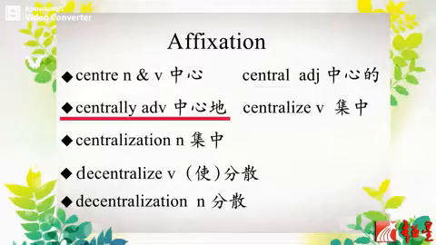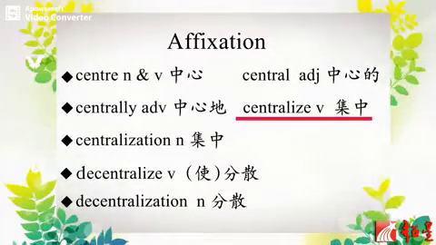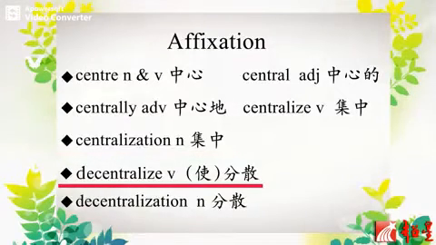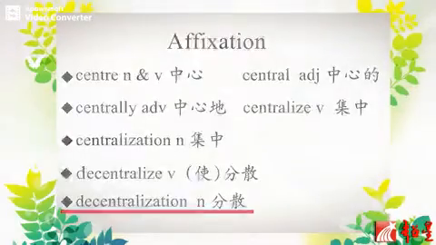When you add ly, you make an adverb, a new word. When you add ize, you make a verb. And when you add ation, you make a new noun. If you add the prefix de, again you make a new word. So how many words do you know? If you know one word, center, you can know all these words without any problem.